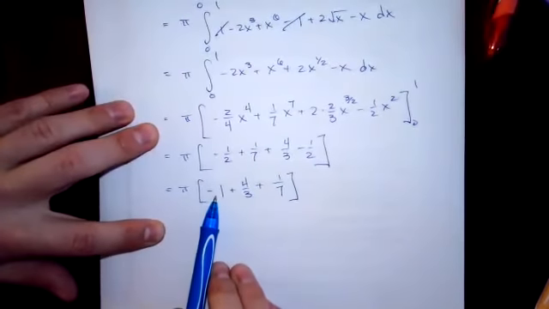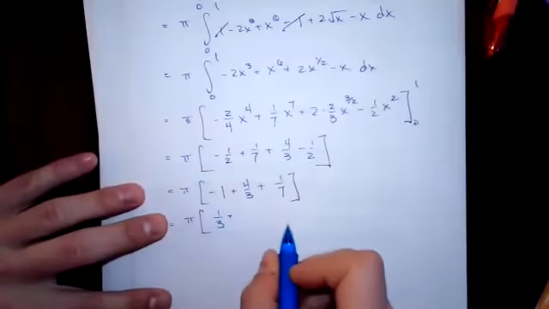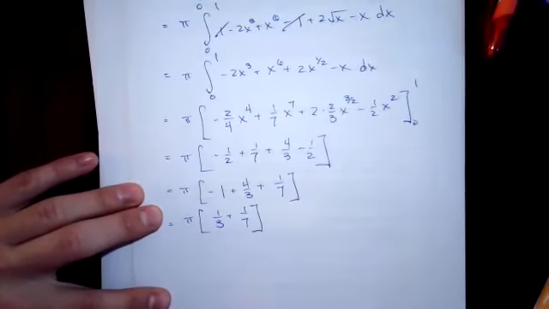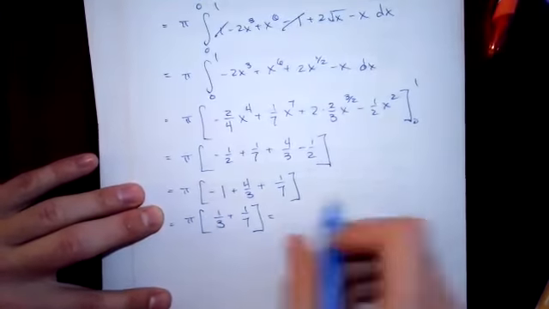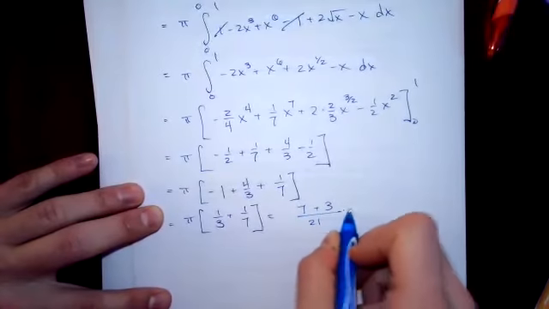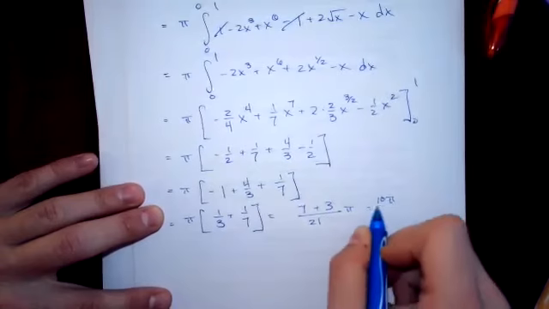So minus 1 is 3/3 plus 4/3, excuse me, is 1/3 plus 1/7th. And so what is that? So times 7 will give me 7 plus 3 over 21 times pi. Oops. So 10 pi over 21.